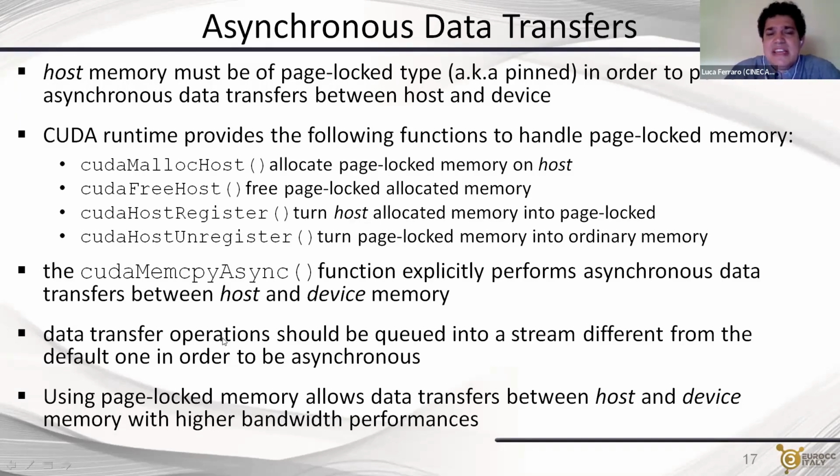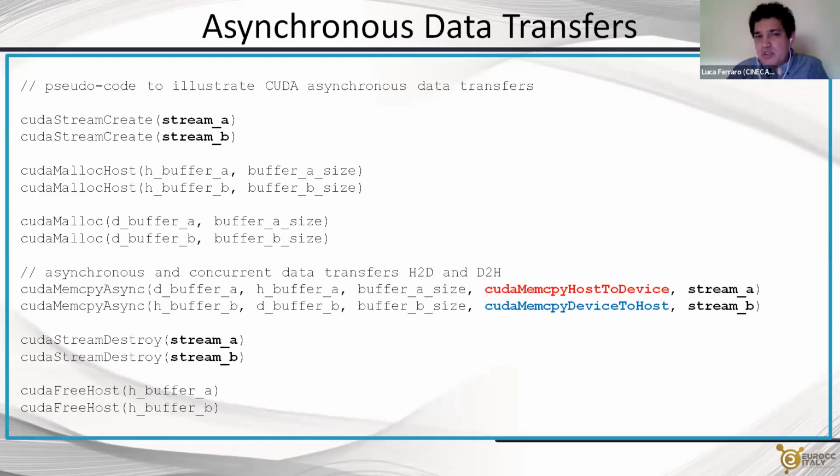So this data transfer is an operation that will take place asynchronously on some stream, different from zero, and will take place concurrently with operations of other streams or with the host execution. This is pseudocode just to show you the idea.